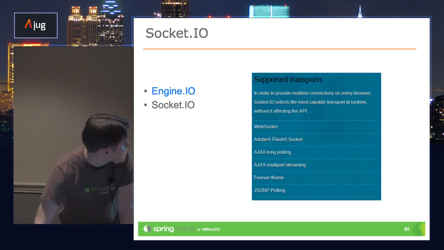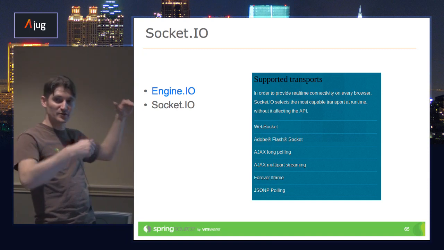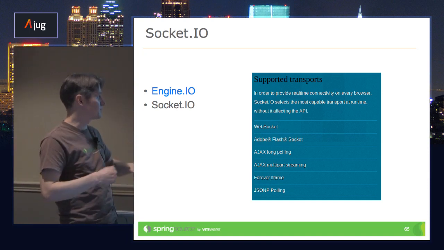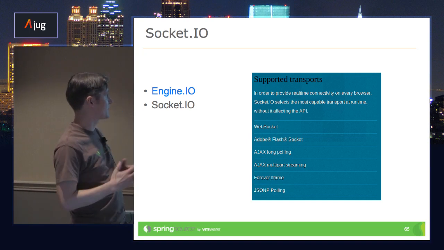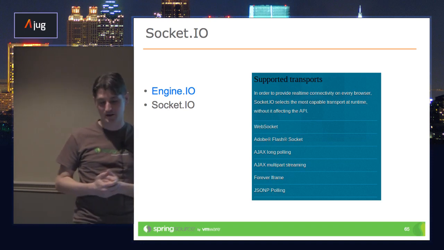So we have Socket.io. I put in here also Engine.io. Socket.io provides a whole bunch of stuff on top of just pure fallback options, but they abstracted that out a little bit. So it's Engine.io, which is more directly comparable to what SockJS provides.